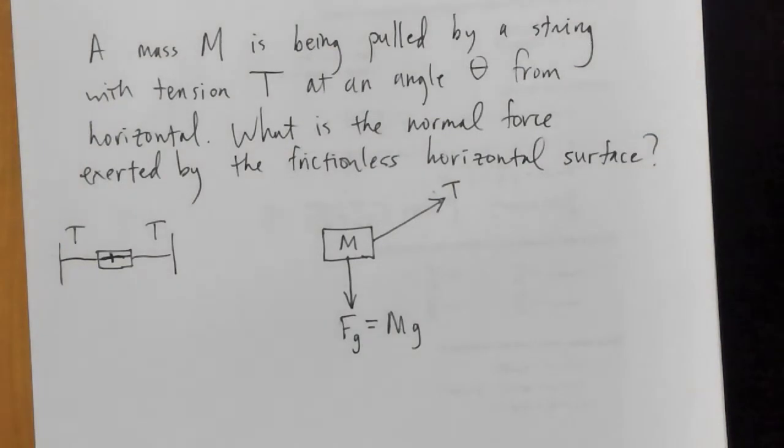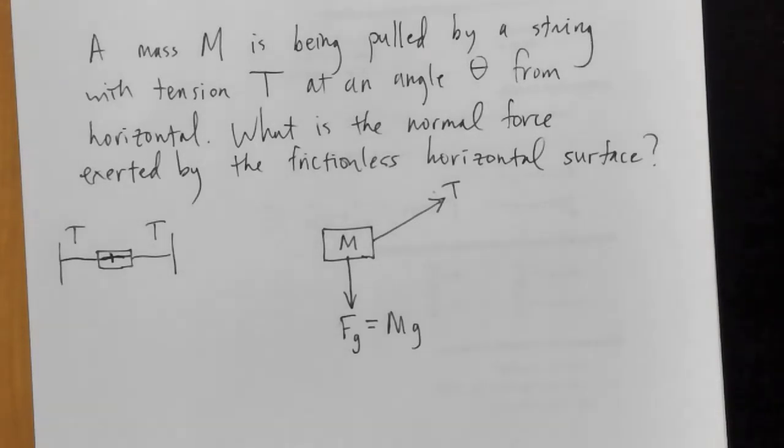Okay? So think about a scale. I don't have a scale. I mean, I suppose I could run in there and try to dig it out, but it might take a couple minutes to find it. But I have a little spring. In order for it to measure a force, I have to pull, right? However, I can't just pull one side of the spring. I have to pull both sides of the spring with the same force, or else the spring is just going to accelerate in one direction and fly out of my hands.